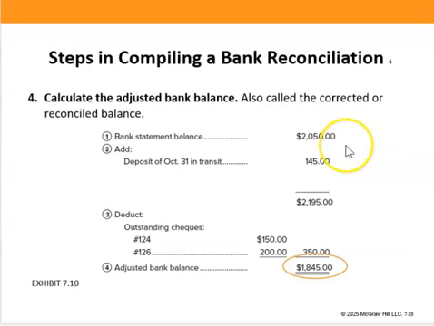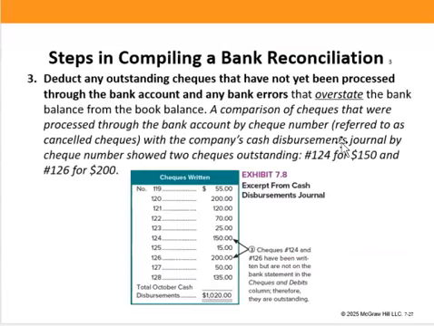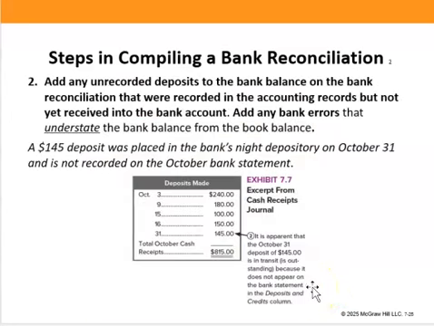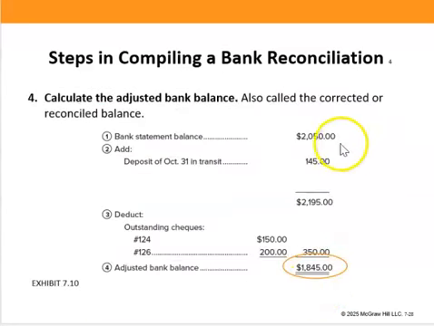So when we're doing the bank side for the bank statement, we've got the bank statement balance of $20.50. So if you go back here, you can see the $20.50. We've got the deposit that didn't go through the bank yet, and it will go in because we put it in the night deposit, that metal box that's on the outside of most banks. So that gives us cash in our account that should be there of $21.95.